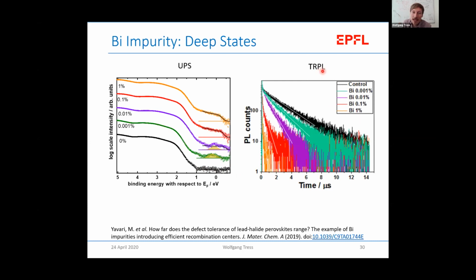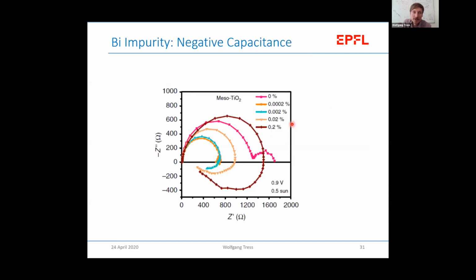And talking about lifetimes, this I showed when I was discussing this theoretical plot of the open circuit voltage. Also, indeed, when we do transient photoluminescence, we can see that the lifetime decreases significantly from the microseconds to the nanoseconds regime. And interestingly, when we were adding this bismuth impurity to the devices, we also saw it in impedance spectroscopy, which I cannot really explain in detail, but I want to try in a couple of minutes.